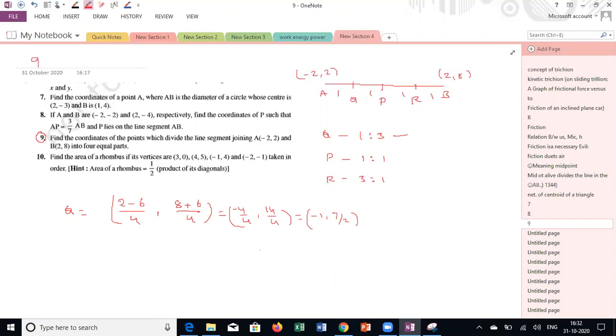I got Q value like this. This is a Q value for me.